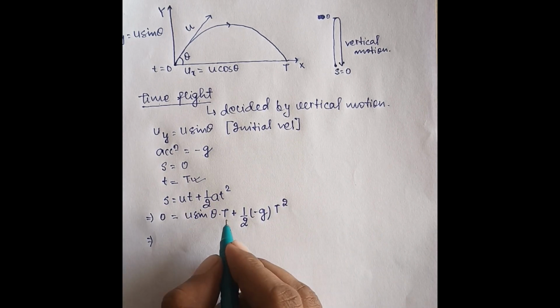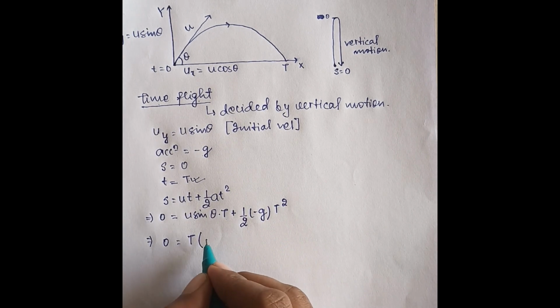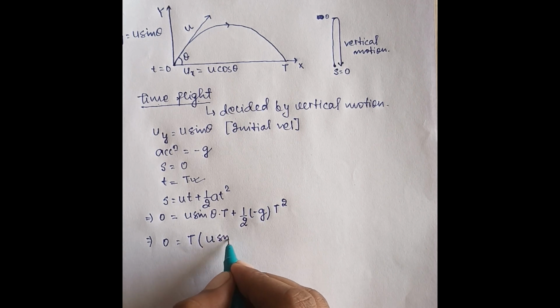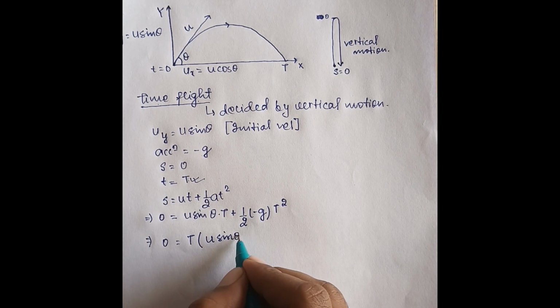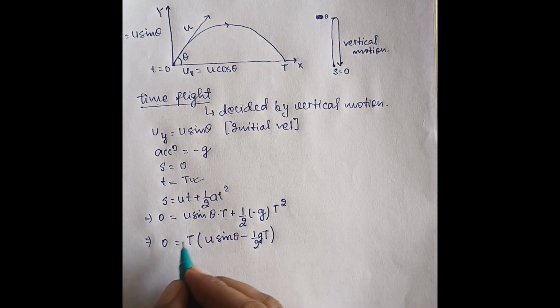Students, if we take T common here, one T gets cancelled. If we take one T common over here, what are we left with? u sine theta minus 1 by 2 gT. Clear? And T comes here and becomes 0.